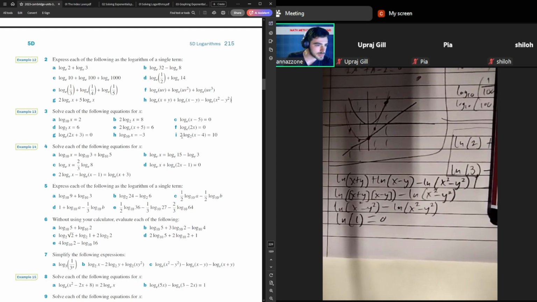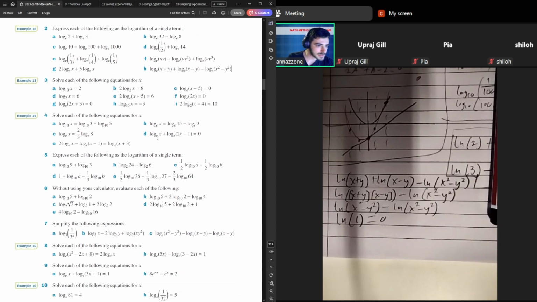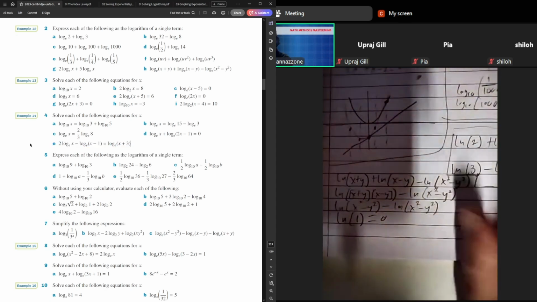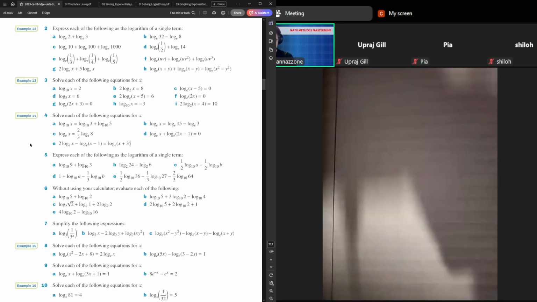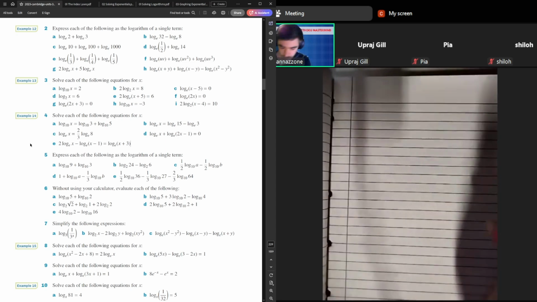As for solving logarithms, so solving for x, let's see, what's a nice one? Probably jump all the way to 4e. Why not? Let me get a new page. Okay, 4e.